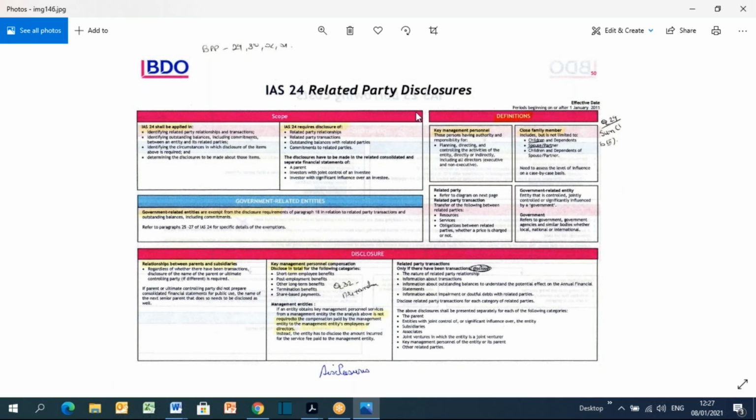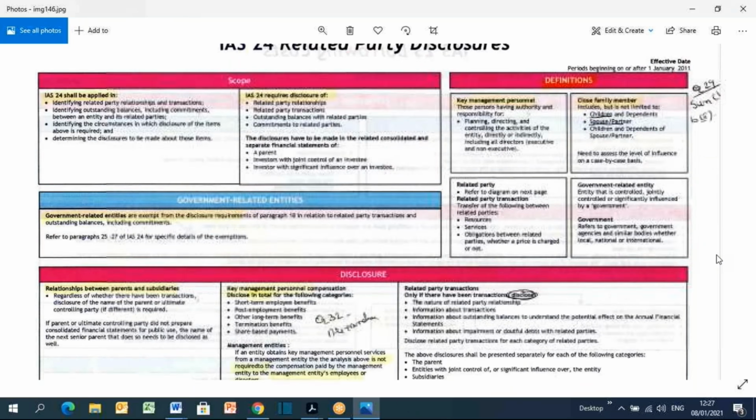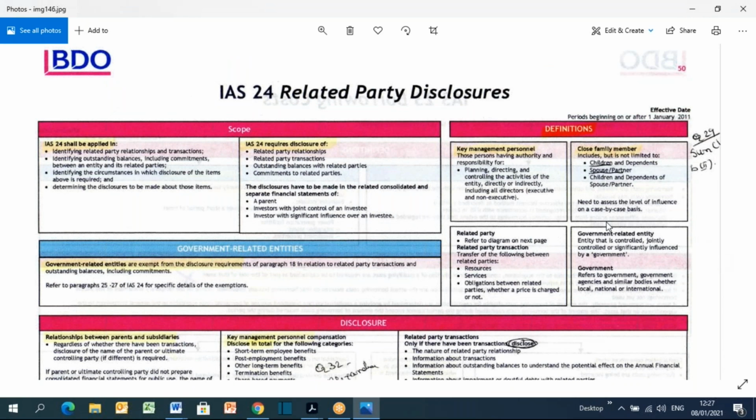If we move on to IAS 24, related party disclosures, all you have to remember from this standard is: what is a key management person, the family members. I've done the question SunCam, question 29 part B, and it should be in the Kaplan kit also, but under a different name, so don't panic.